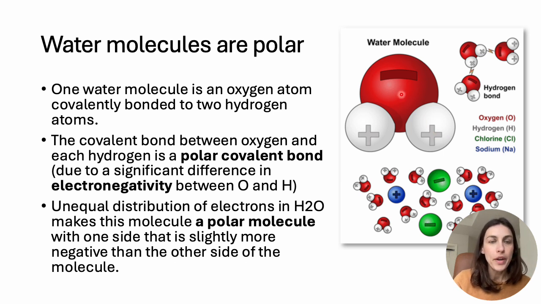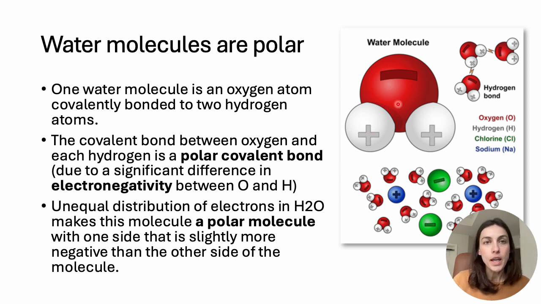So the covalent bonds between the oxygen and the hydrogens are actually polar covalent bonds, which is a more specific type of bond. And that is because oxygen by its nature is much more electronegative than the hydrogens. Remember what that means is just by its nature, just the way the universe made it, oxygen has a stronger pull for electrons toward itself than does hydrogen.